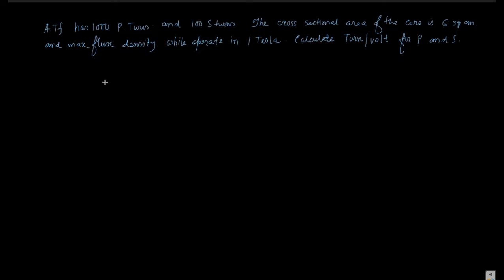So here N1 is given, this is 1000 turns, and N2 is given, that is 100 turns. A is 6 centimeter square. We can write it as 6 into 10 to the power minus 4 meter square. Bm is given, the maximum flux density is 1 Tesla.